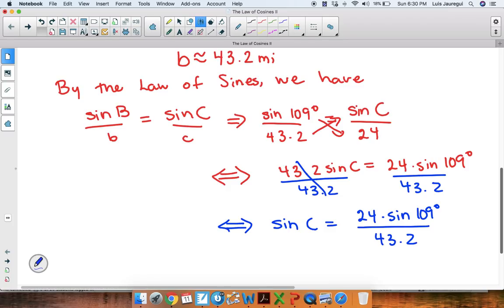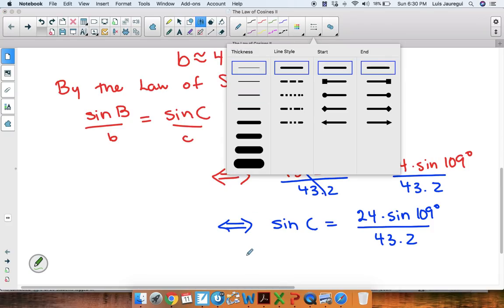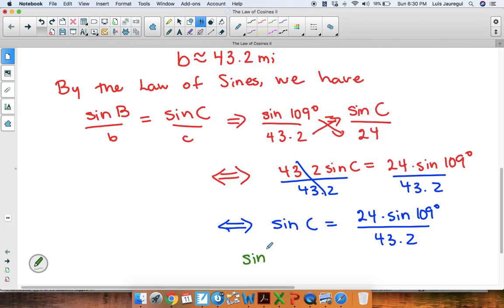We're closer to the answer now. However, we were looking for the value for C, not sine of C. So we need to cancel this sine. And if you recall, we cancel that by taking sine inverse on both sides. So let's go ahead and take sine inverse on both sides of the equation. We have sine inverse of sine of C is the same as sine inverse of 24 times sine of 109 degrees divided by 43.2.